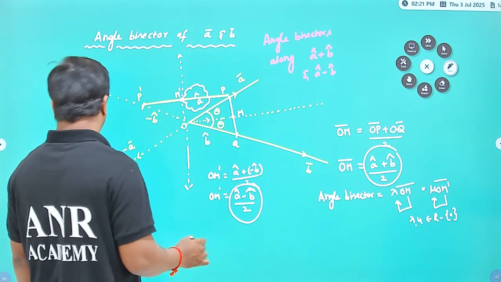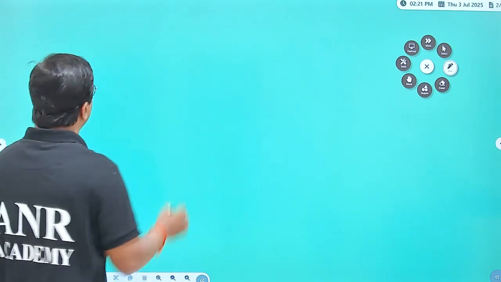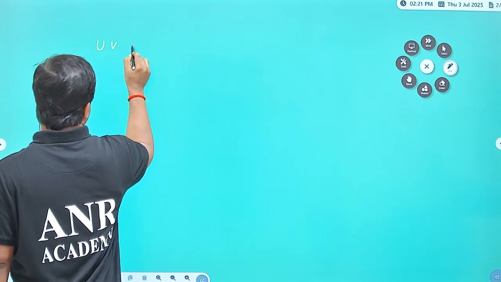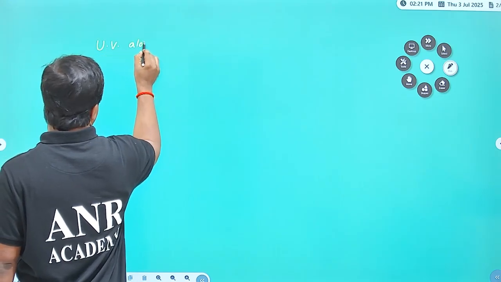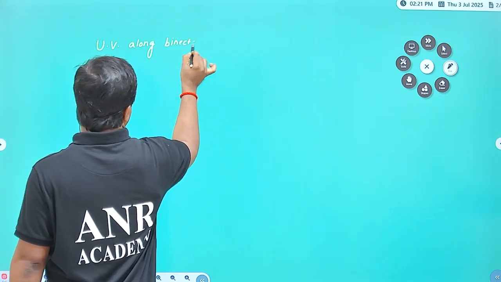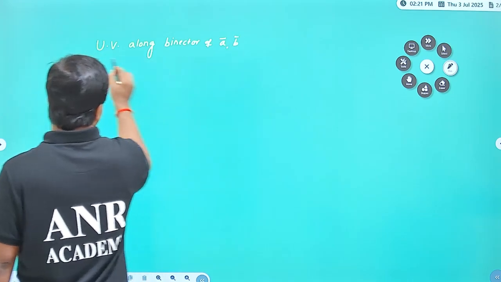And suppose you want the unit vector along the bisector of given vectors a bar and b bar.